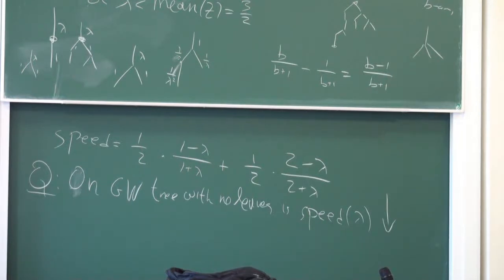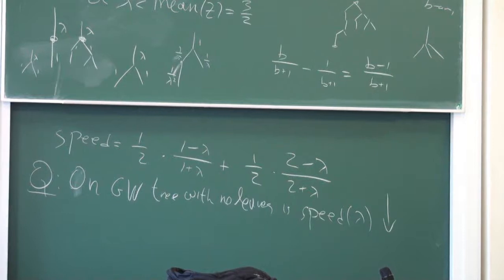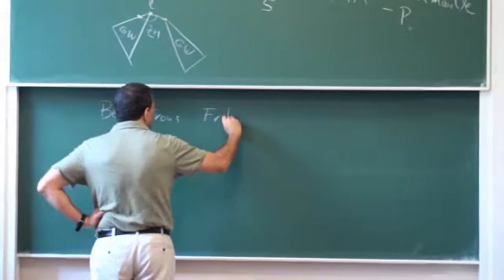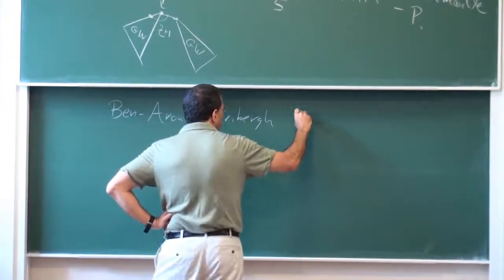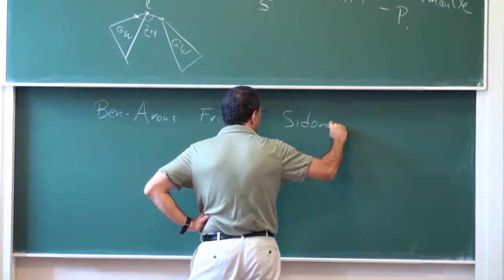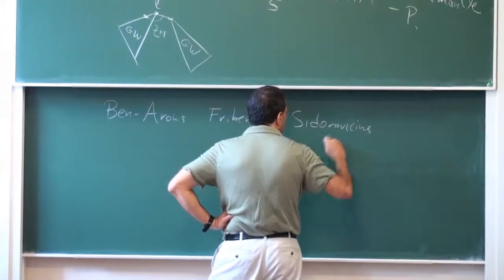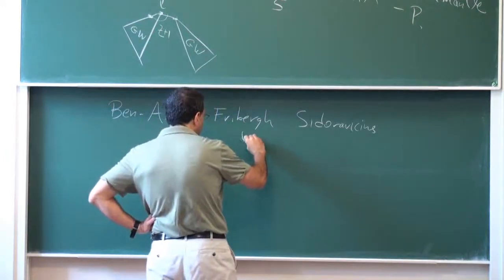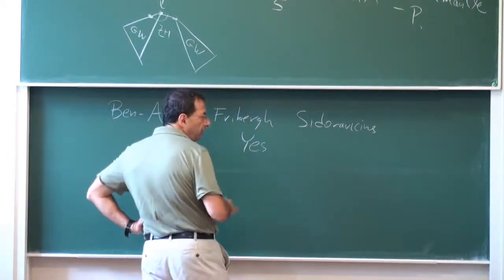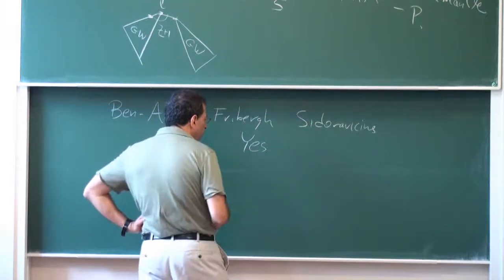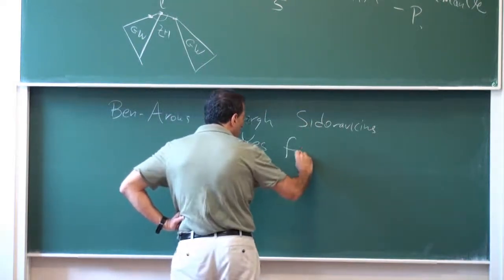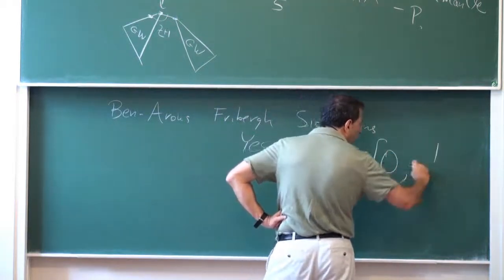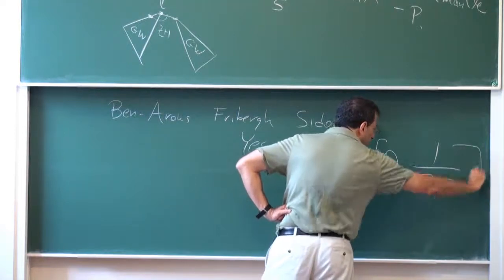One by Ben Arous, Fribergh, and Sidoravicius showed the answer for this type of question is yes, not just on this Galton-Watson tree, but on the general one without leaves, for a certain range of lambda: lambda between 0 and 1/717.